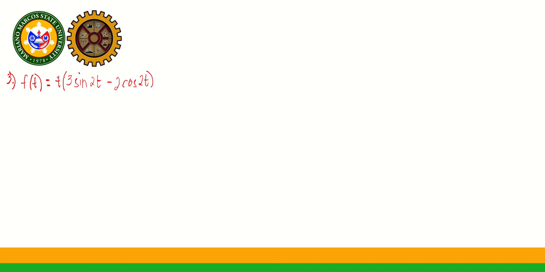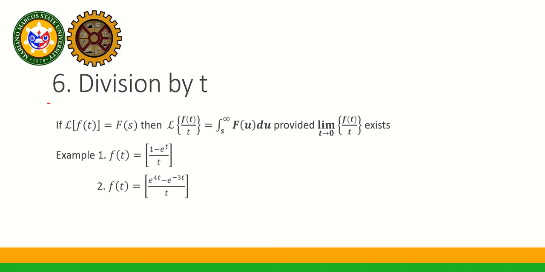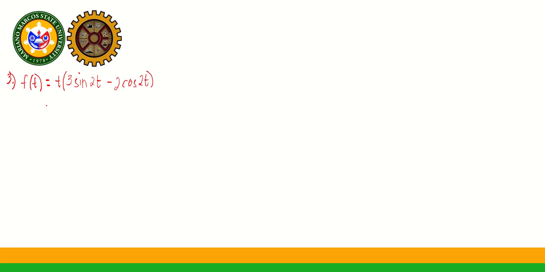So, una natin gagawin is distribute muna natin ito dito. So, this will be equal to 3t sine 2t minus 2t cosine 2t.